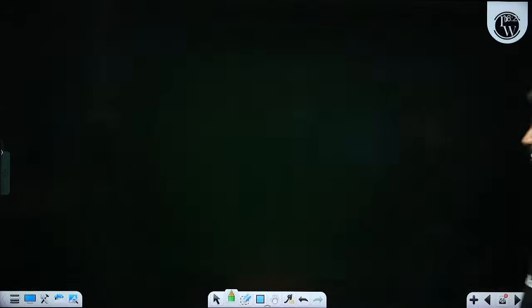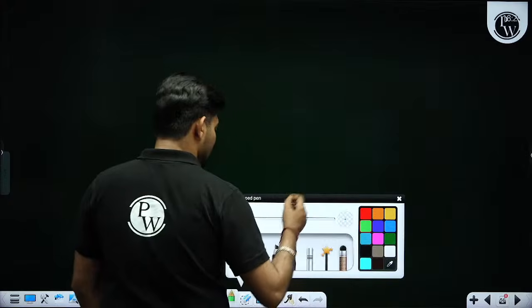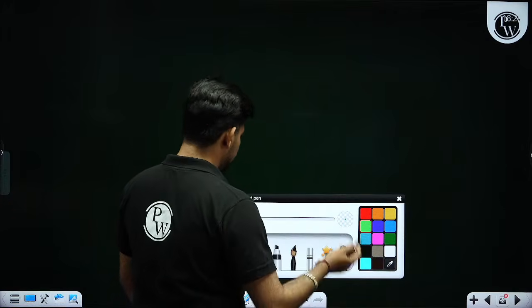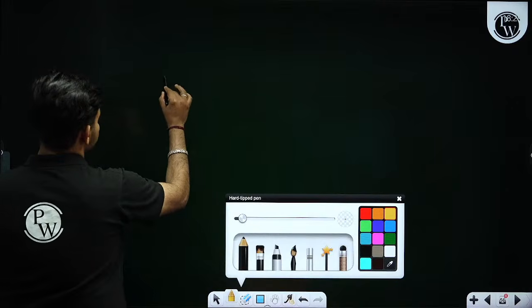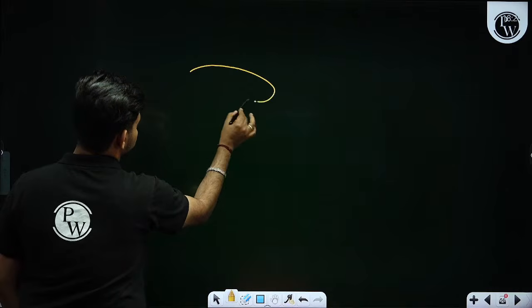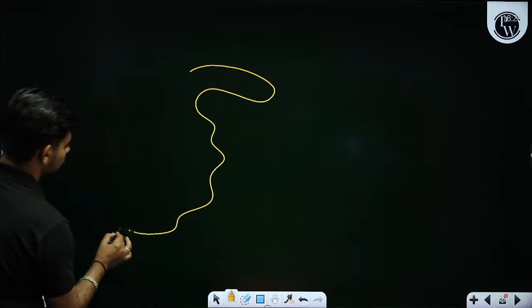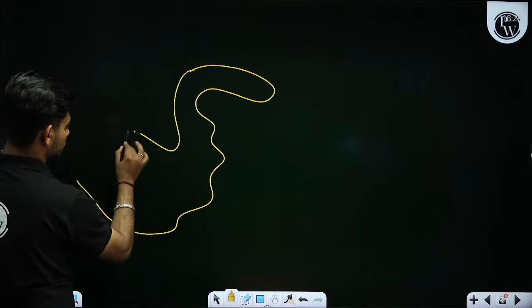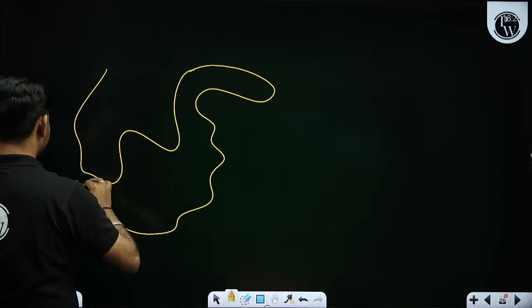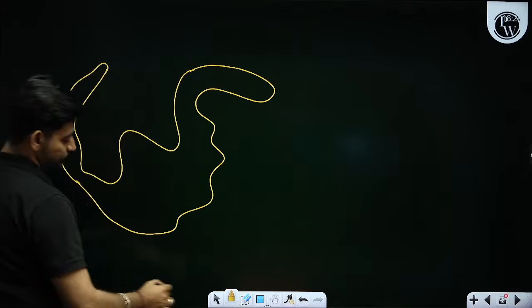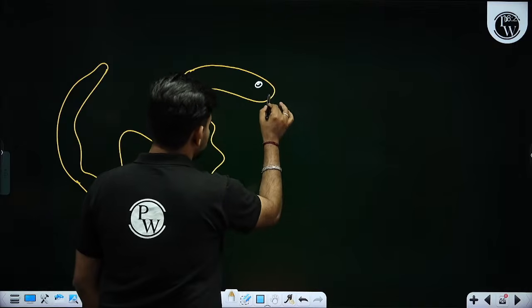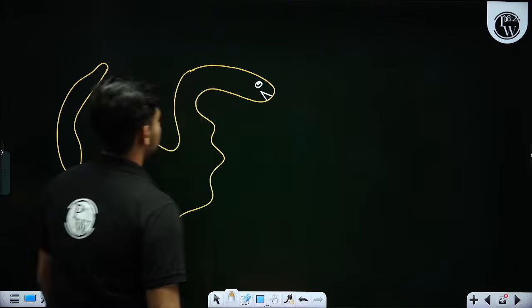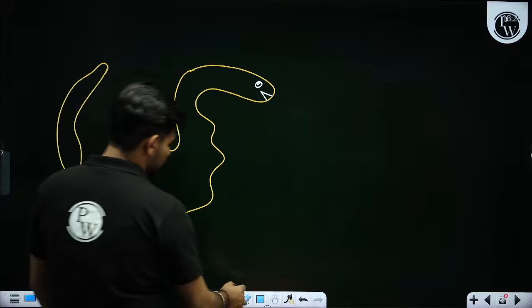Now, how is this Meloidogyne incognita stopped? Suppose this is the Meloidogyne incognita. Suppose this is the pathogen. This is Meloidogyne incognita, and it's very hungry, feeding on the tobacco plant.